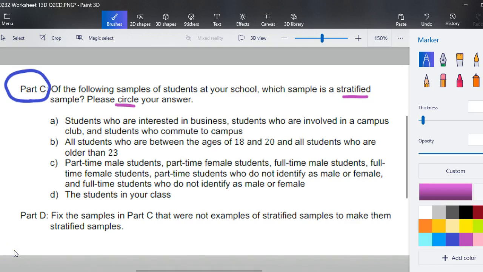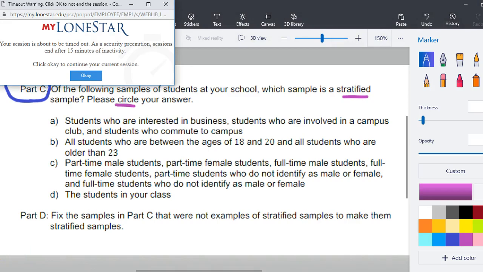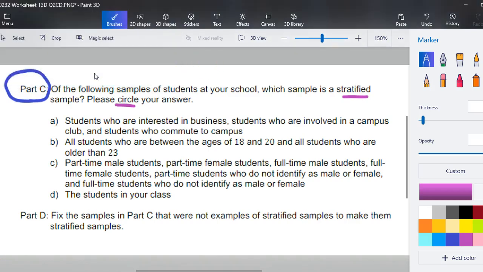So looking at this one, it's kind of nice that it is split up into pieces and parts, but are they connected? They are students who are interested in business, who are involved in a campus club, and who commute to campus, but are we taking one topic and then considering all the possible categories?